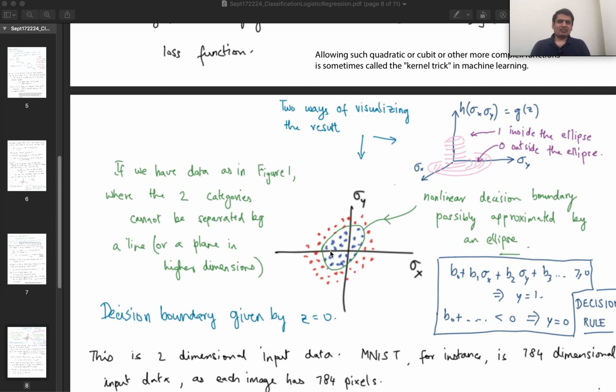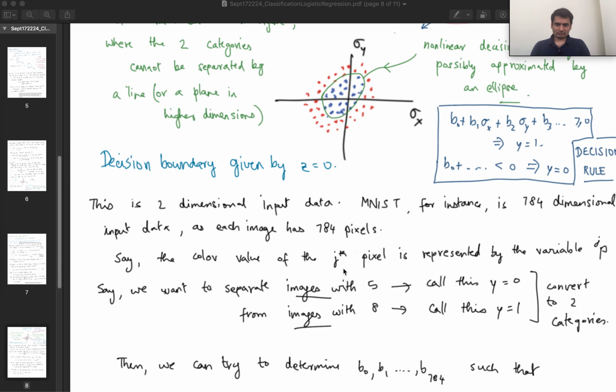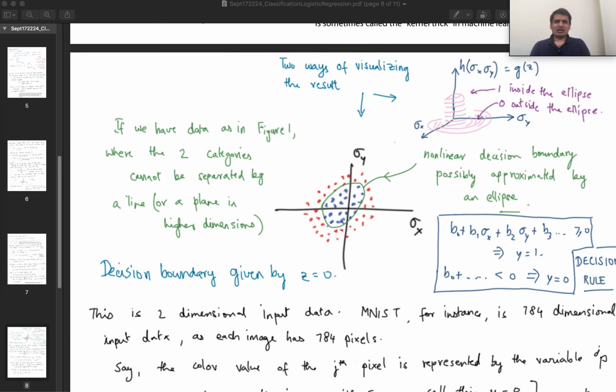If you have data that looks like this, where things are one class within a region, things are another class within a region, you can visualize that in this manner with different color markers, or you can visualize it like this, where it's equal to 1 here and 0 here. And then what we are trying to do is essentially find the function h of sigma x, sigma y, which is equal to g of z, that tries to approximate this in a nice manner. Okay, so let's stop there for this video.